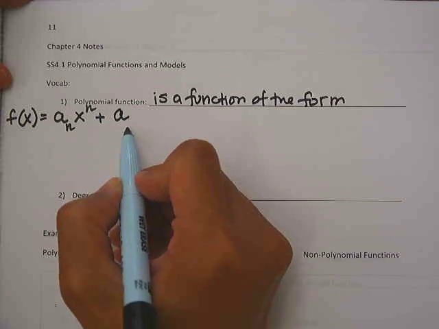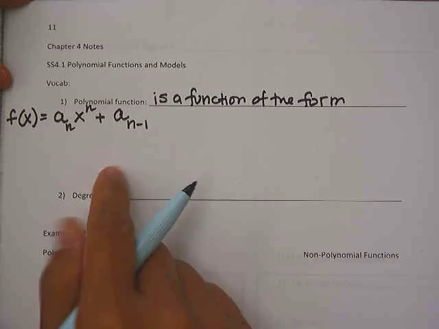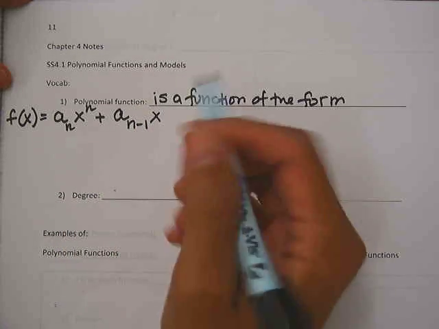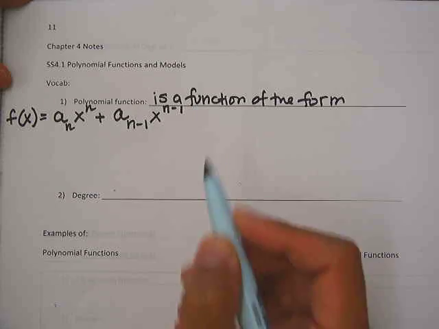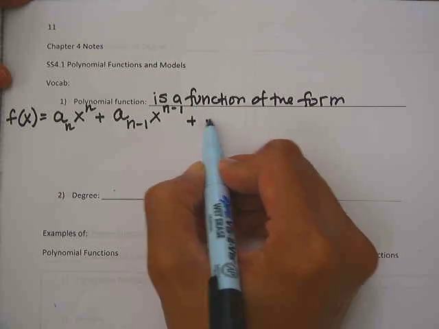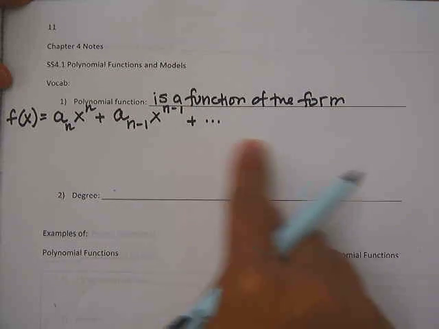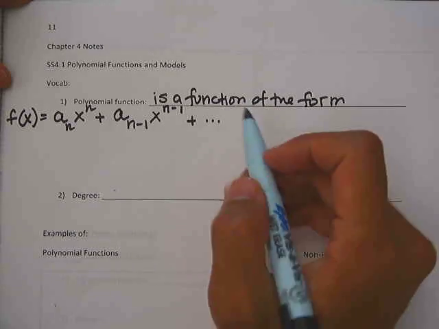Term number 2 is a sub n minus 1 times x to the power of n minus 1, plus dot dot dot. Okay, that means I can have as many terms in between as I wish.